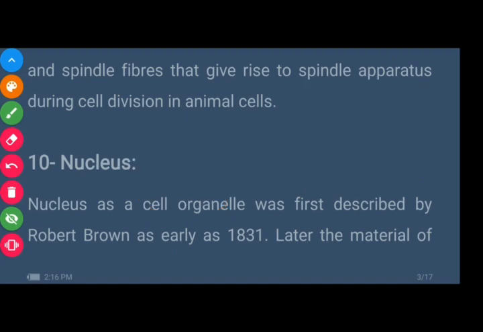Now our next cell organelle is the nucleus, which is the most important organelle. The nucleus was first discovered by Robert Brown in 1831.